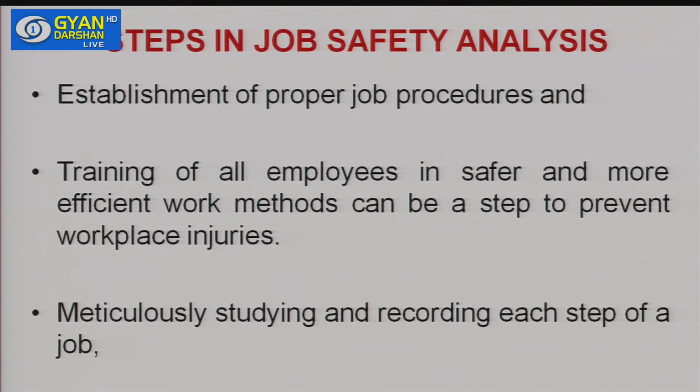And these kinds of methods have to be put in place to prevent workplace injuries. And we have to very carefully and meticulously study and record each step of the job in order to provide a safe environment to the personnel working there and to avoid any kind of mishap to the machine as well.